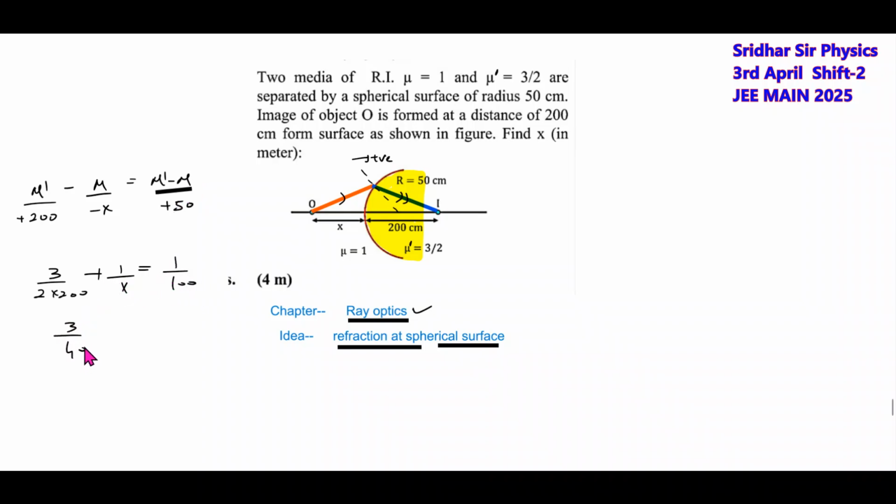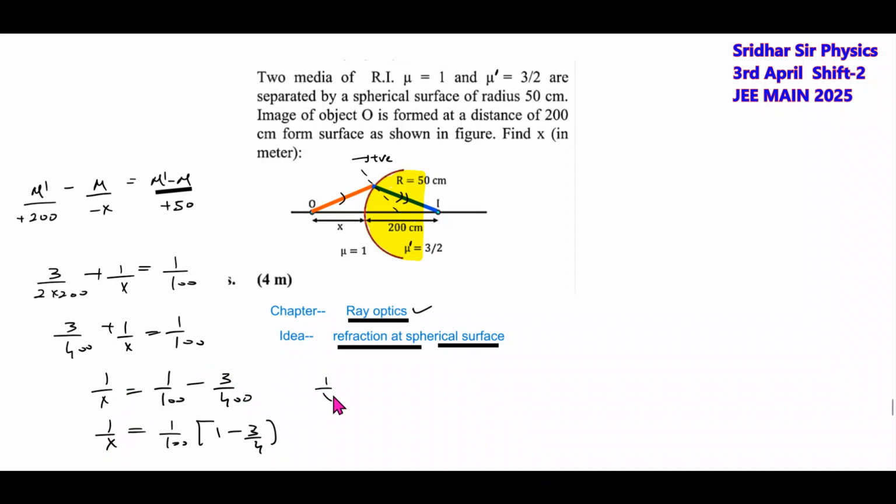So 3 by 400 plus 1 by x equal to 1 by 100. 1 by x equal to 1 by 100 minus 3 by 400, or x equal to 400 centimeter.